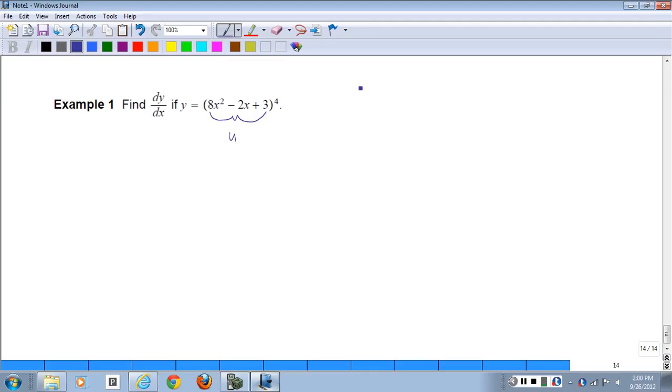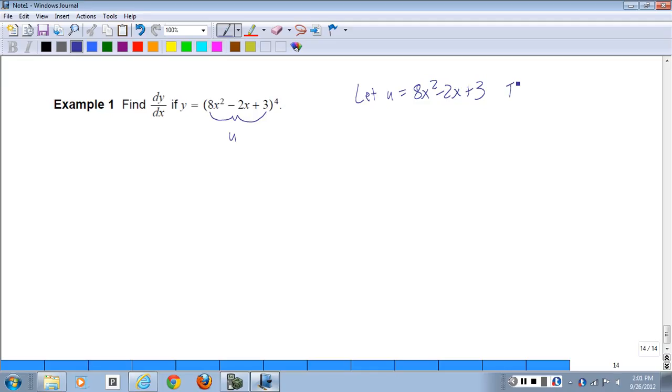So we let u equal 8x squared minus 2x plus 3. Because we know how to find the derivative of 8x squared minus 2x plus 3. That's no trouble. We might not want to raise that to the fourth power. That's a real pain to raise a trinomial to the third power and multiply all that out. But we know how to do this.